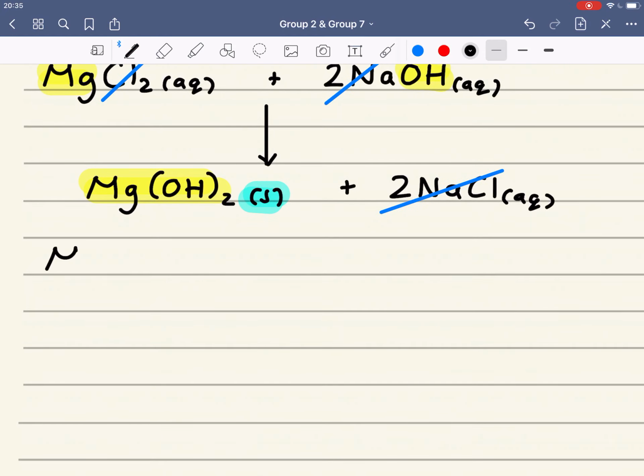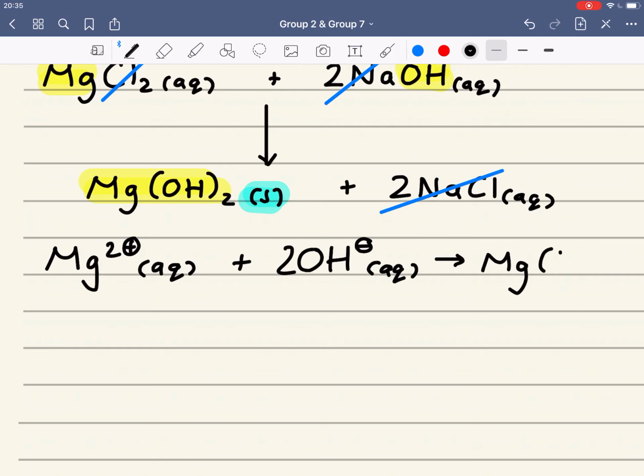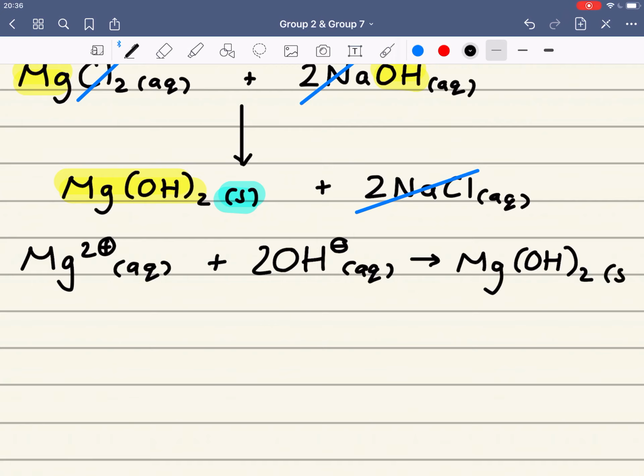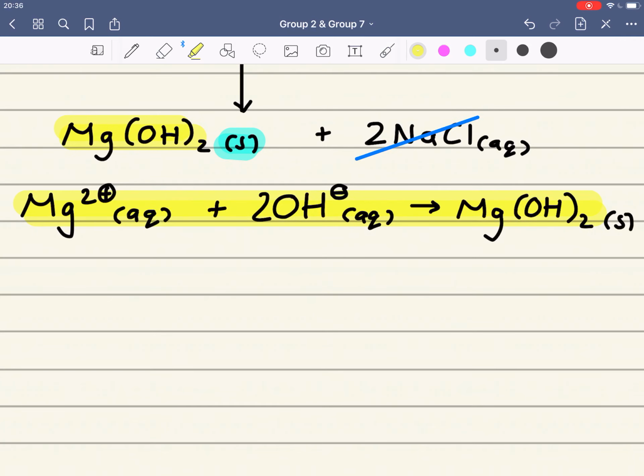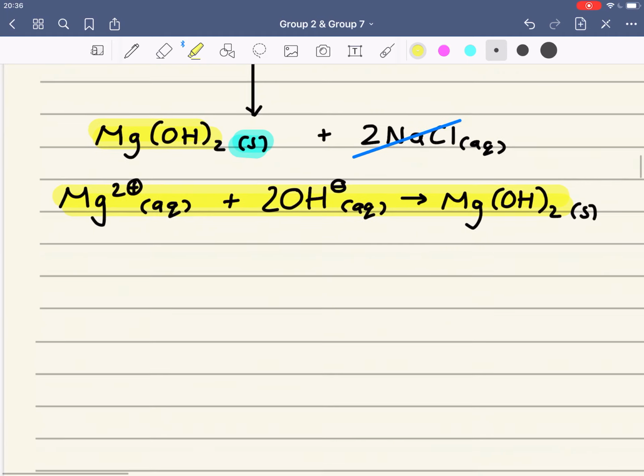And this is what's more likely to be asked, where we've got magnesium ions plus hydroxide ions, and that gives us my magnesium hydroxide. And that there is the ionic equation for the reaction of any soluble magnesium salt and sodium hydroxide.